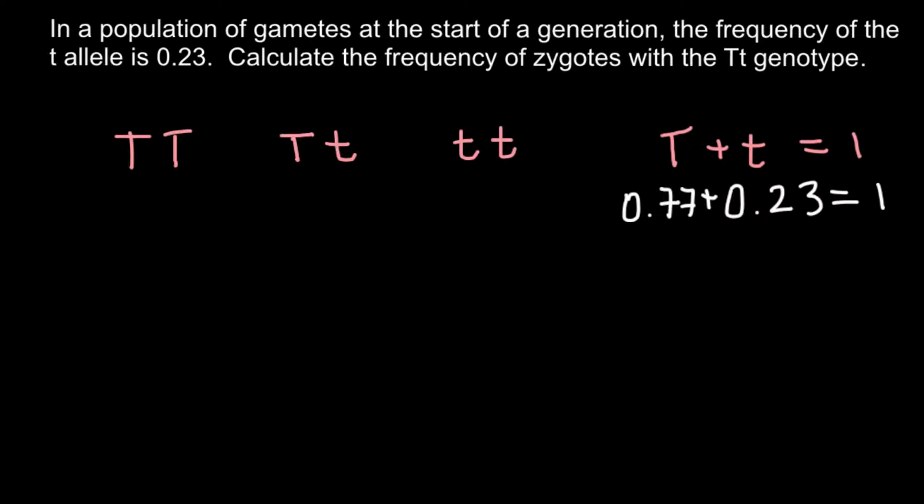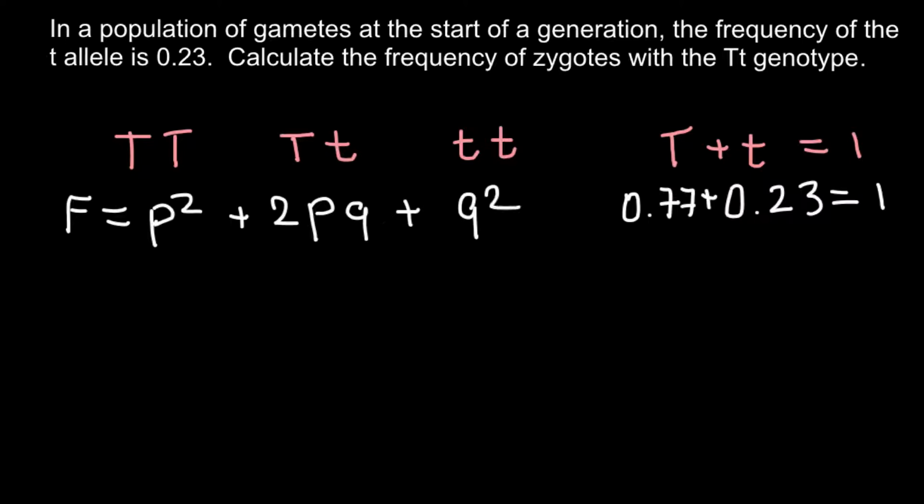In order to solve this problem, we also need to know the Hardy-Weinberg formula, which states that the frequency of 3 genotypes equals p squared plus 2pq plus q squared.